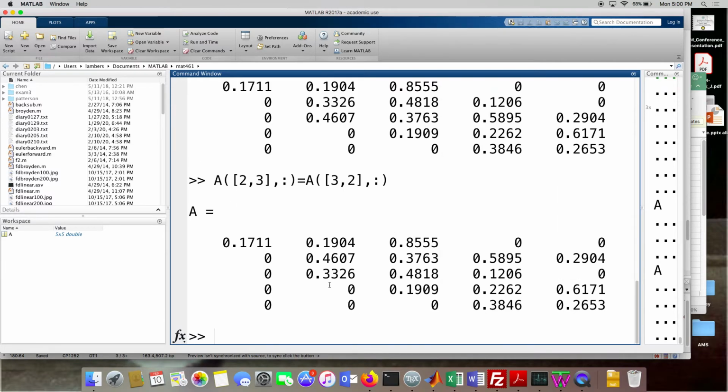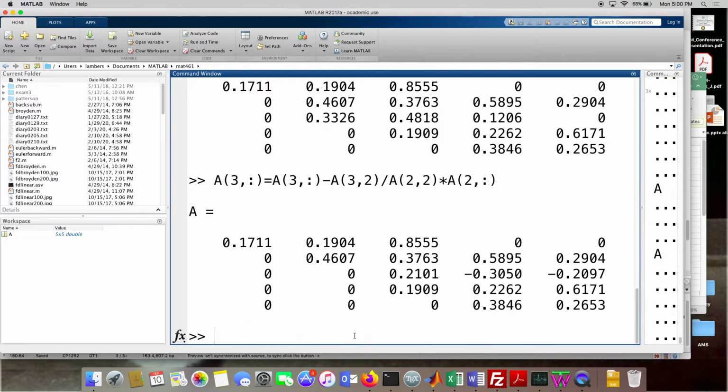Now rows 2 and 3 are swapped, and look, we have an entry outside the band. That's okay, things are only going to get worse. So I'll do another row operation: row 3 is equal to itself minus A32 over A22 times row 2. Now we have these two entries that lie outside the band.